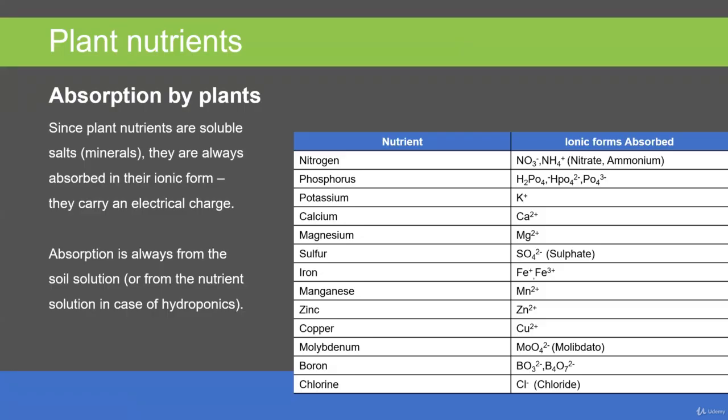We see that phosphorus is absorbed either as H2PO4, HPO4, or PO4.